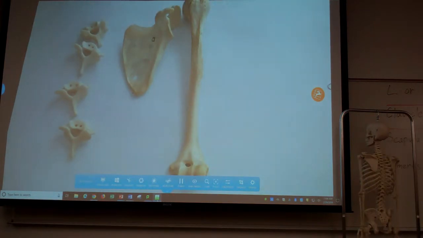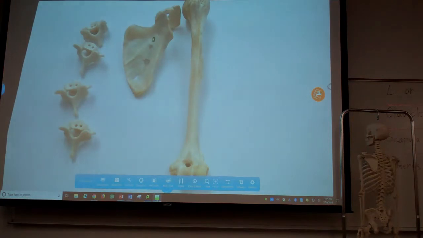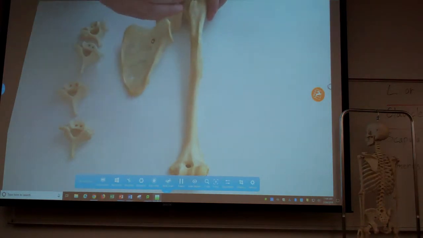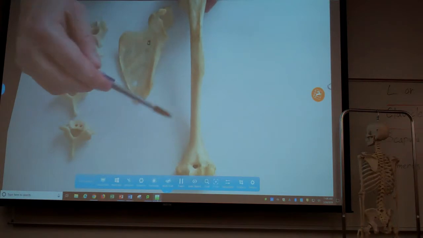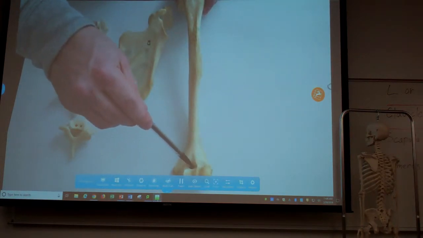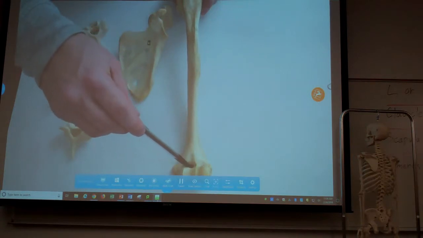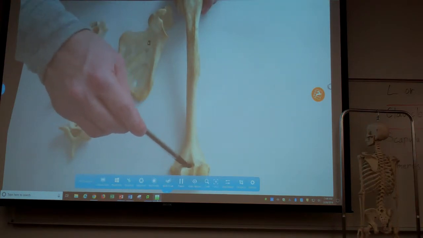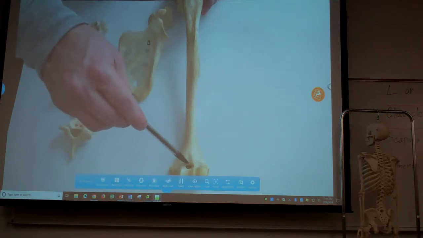The next three we're going to talk about are the fossas. Fossas are maybe flat, maybe a little bit indented, concave surfaces. We've got three of them here. This bigger one right here, which may or may not have a hole, we call the coronoid fossa. Coronoid, not conoid, which we talked about last unit.